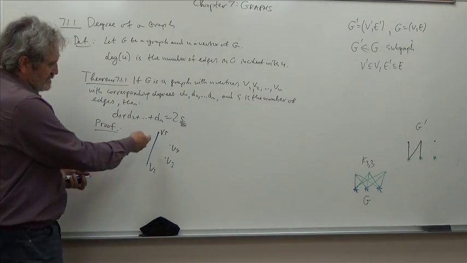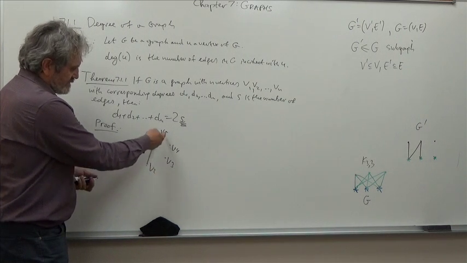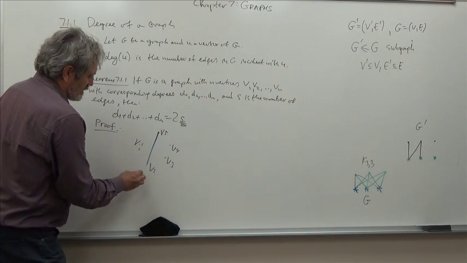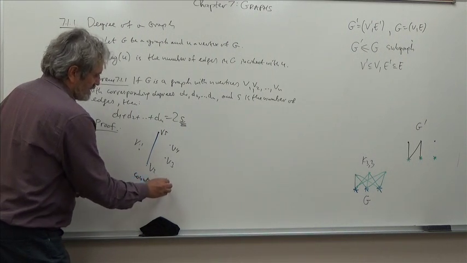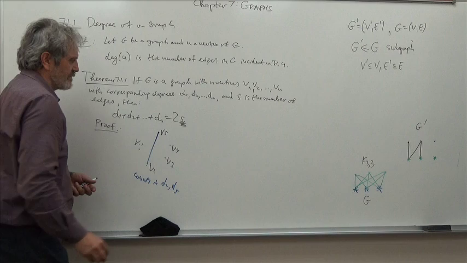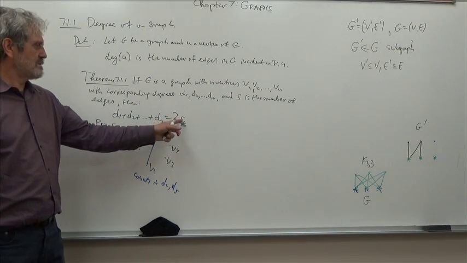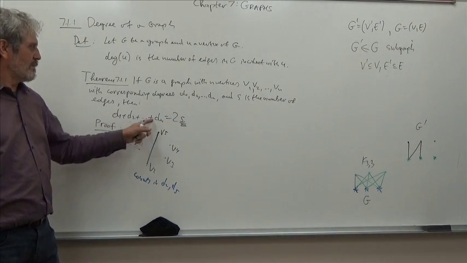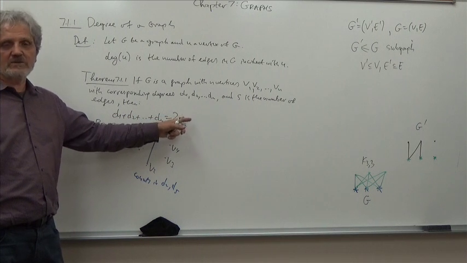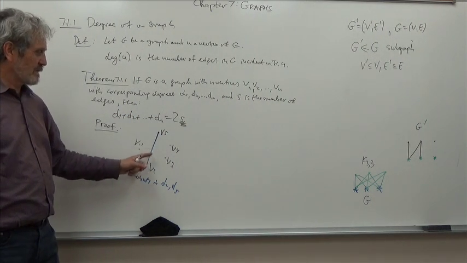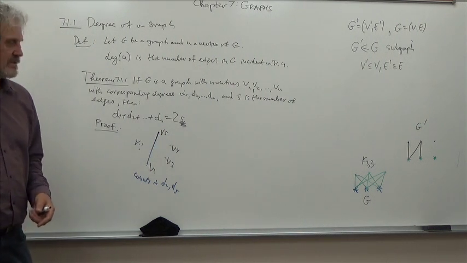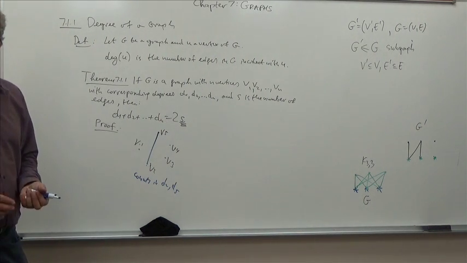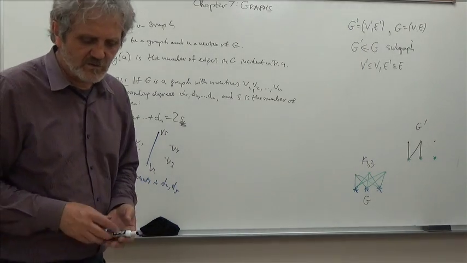If this edge connects V2 and V5, then it counts in D2 and it counts in D5. So each of those S edges must be somewhere there. But why 2S? Because each of them was counted twice: this edge was counted for V2 and counted for V5. That's why it's equal to 2S. As I said, you can see the proof by induction in the notes.